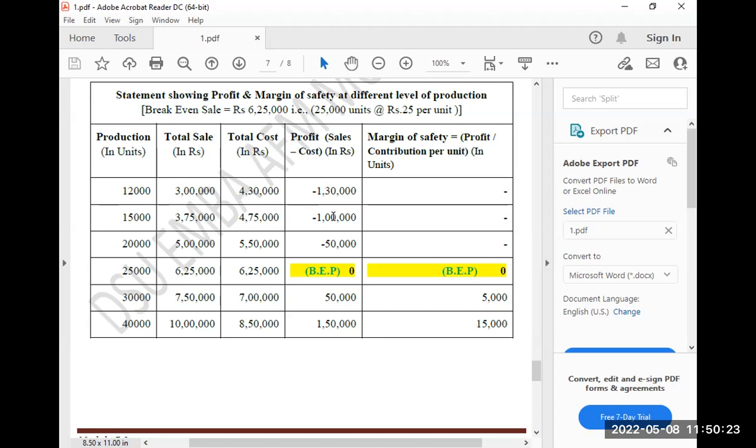So profit by contribution per unit. Profit in this case is 50,000, contribution per unit is 10 rupees, so 50,000 by 10 is equal to 5,000. Similarly, in the last case, 1,50,000 profit divided by 10 rupees contribution per unit is equal to 15,000.